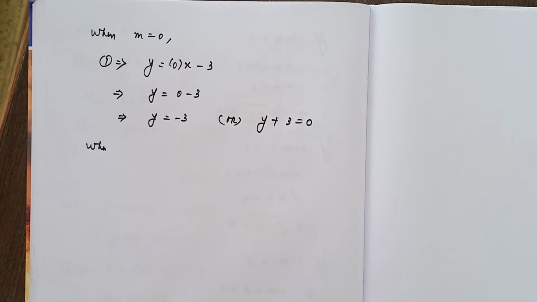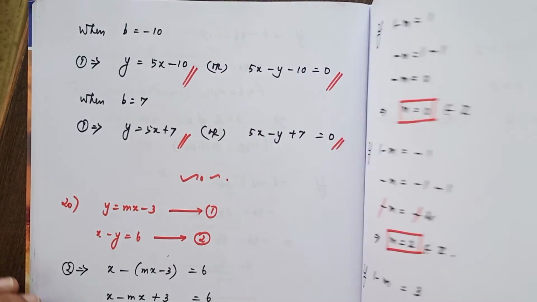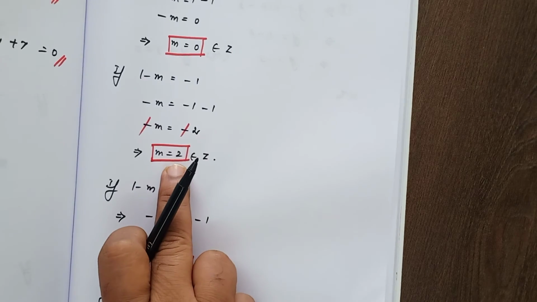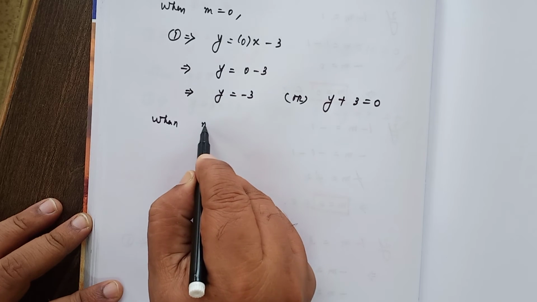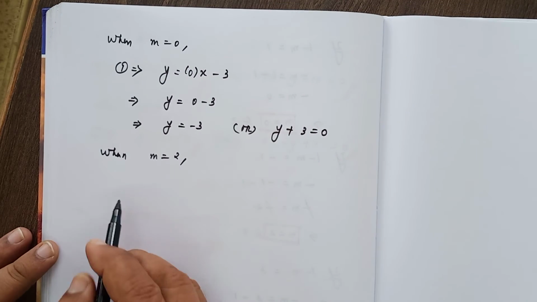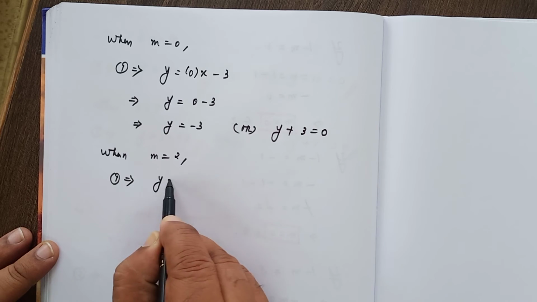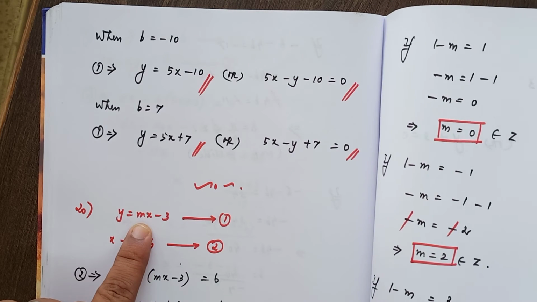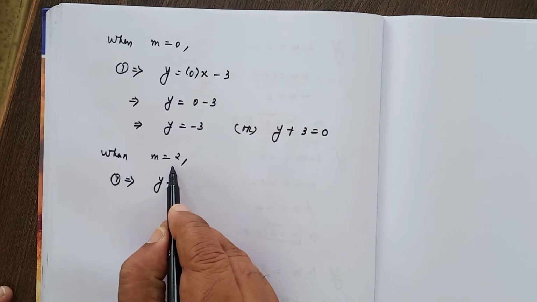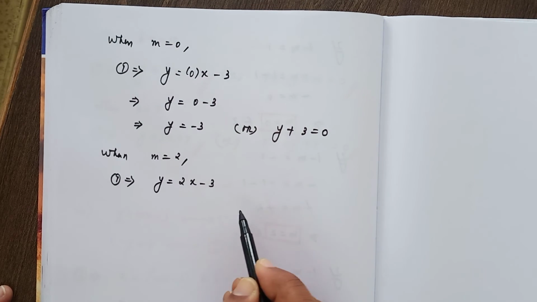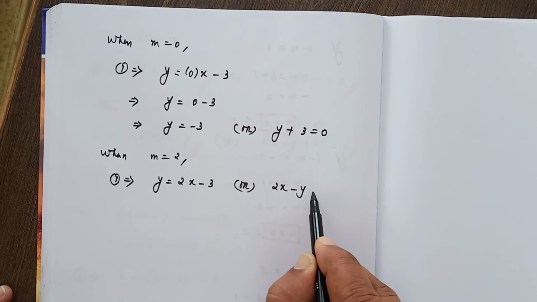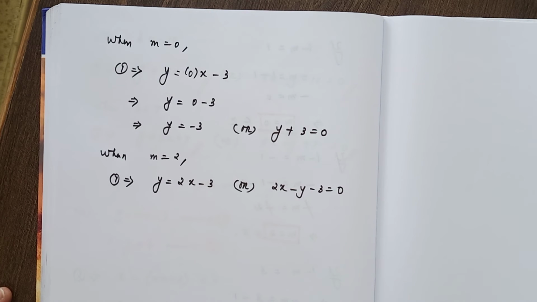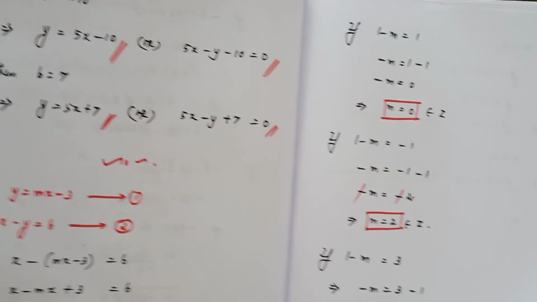Now when m = 2, equation 1 implies replace m by 2 here: y = 2x - 3, or you can write 2x - y - 3 = 0. Next value of m is -2.